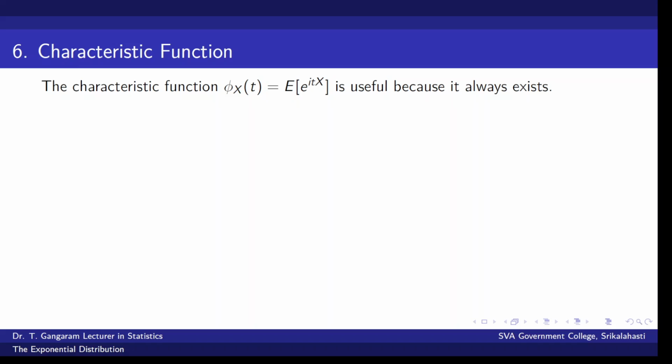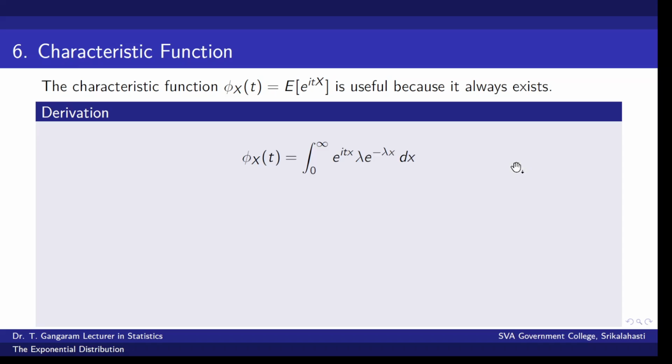The characteristic function, by definition of characteristic function, phi of X(t) is given by expectation of e power itX. We derive it. The range is 0 to infinity. F of x is lambda e power minus lambda x dx. Similar to the moment generating function, i adds here.